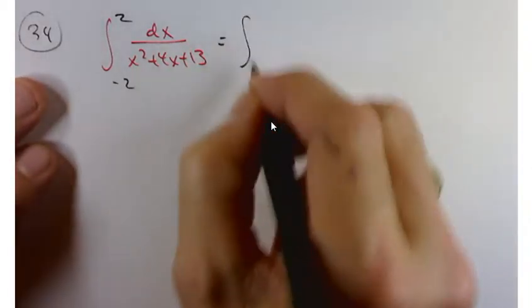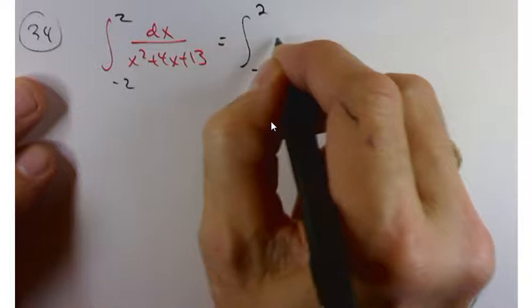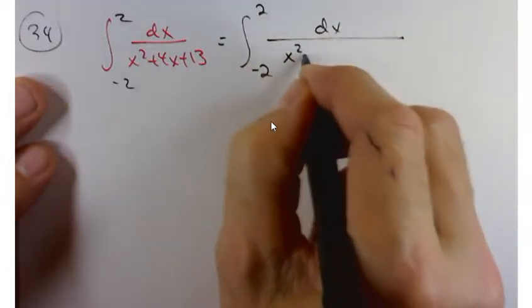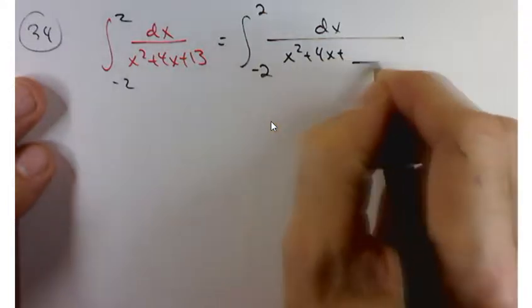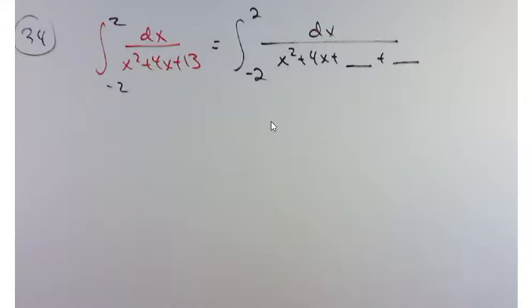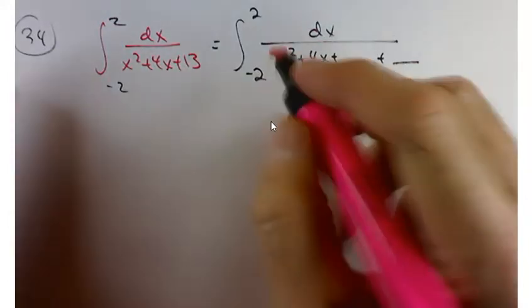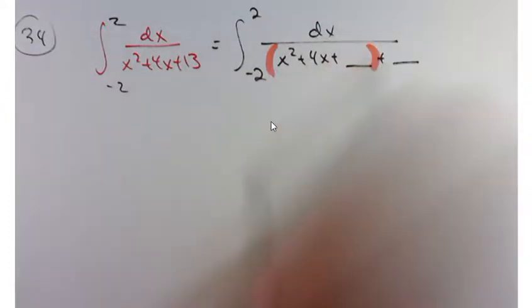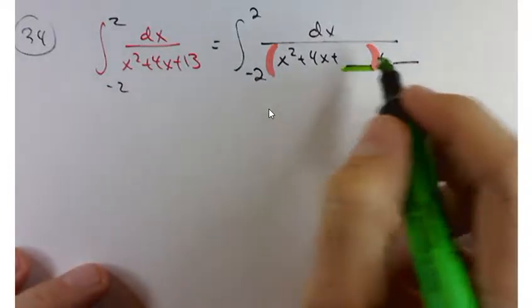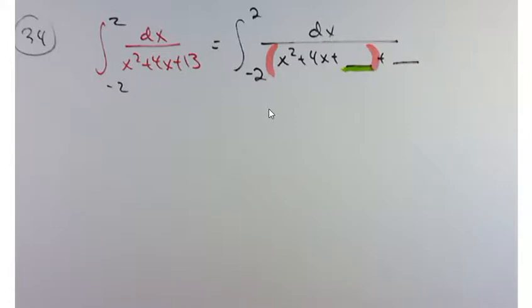So, again, this is going to be the integral from -2 to 2. Let me give myself a little bit more room. Now, if I was to complete the square and write a perfect square trinomial here, what number is going to go right here? 4, right?